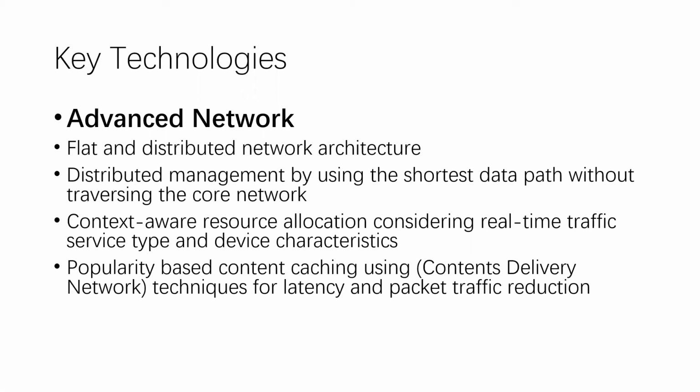Popularity-based content caching using content delivery network techniques for latency and packet traffic reduction. And as you can see, Stadium technology that I mentioned before is going to be used over here.